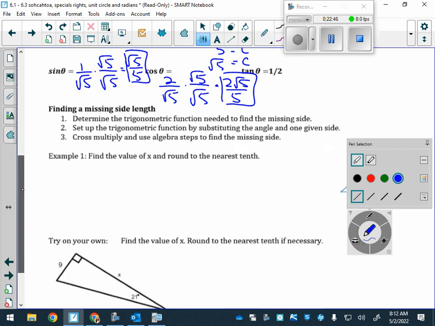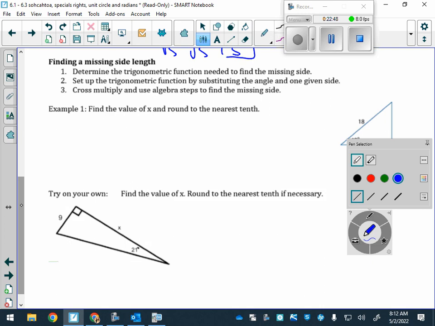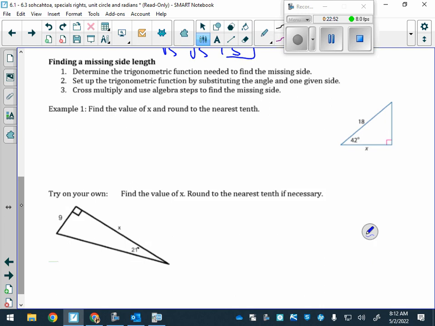So now, to find a missing side length, we are given an actual angle measure, okay? So we're going to use our trig ratios and our calculators to find a missing side length, all right? But first we have to determine, we're given this angle.